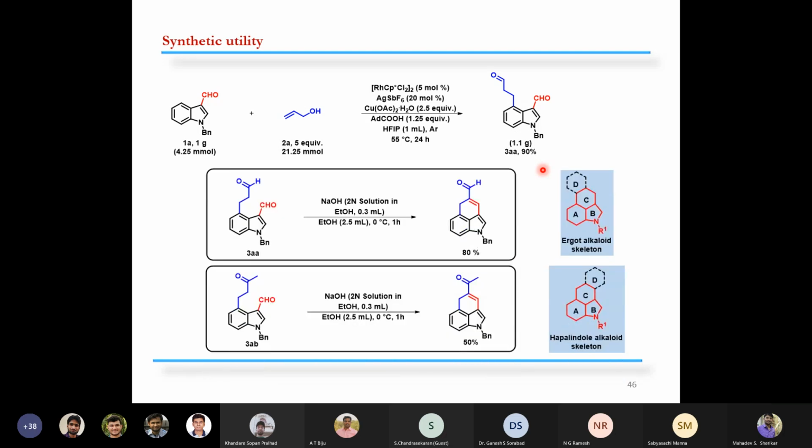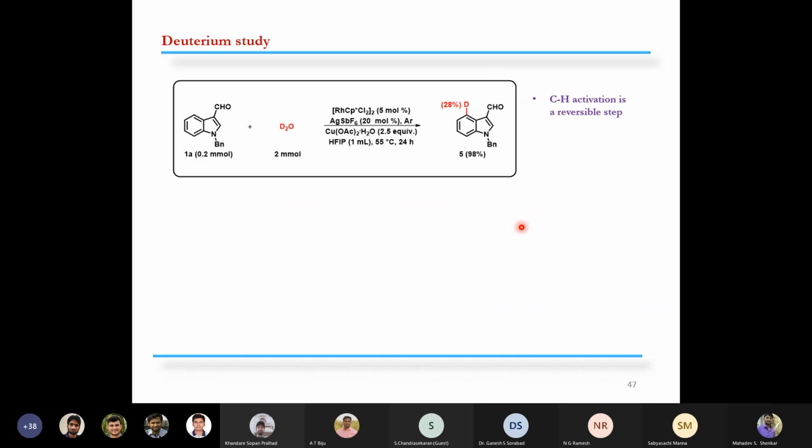Then the obtained products 3AA and 3AB were employed under basic condition to get the aldol product, and we achieved this successfully. This tricyclic skeleton is present in ergot alkaloids as well as in haploindole alkaloids.